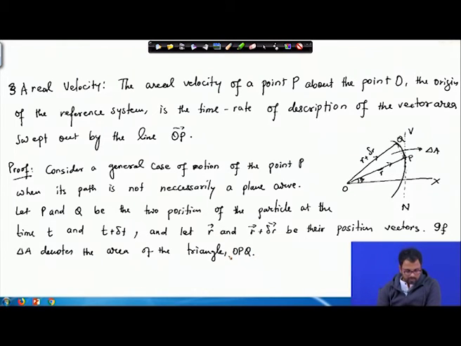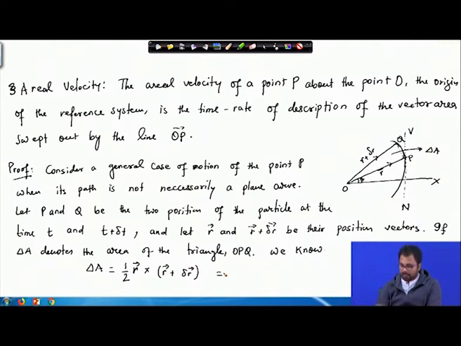We know that the area of a triangle is given by 1 by 2 r, which is this vector, cross product with r plus delta r.